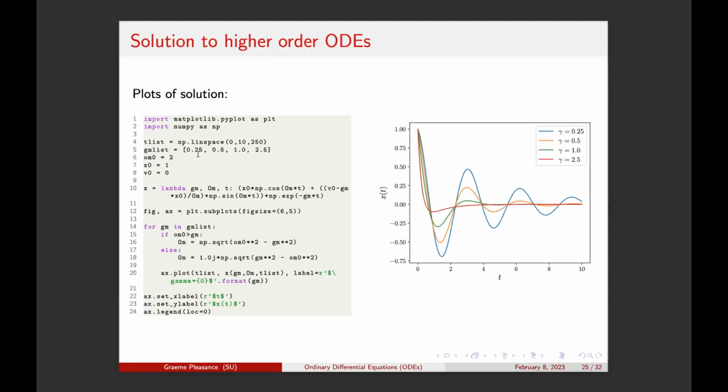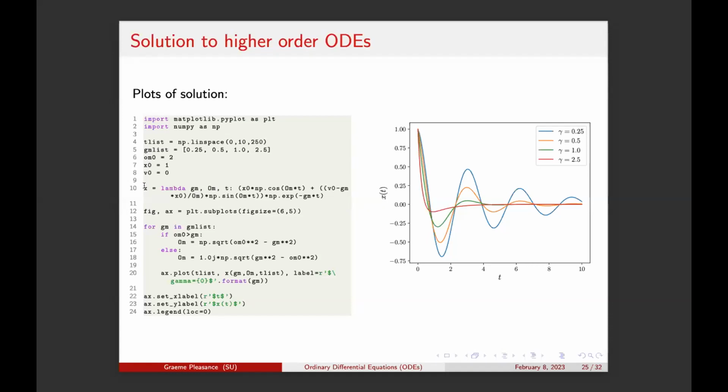I also then introduce a list of values of this damping coefficient gamma that I want to plot. And then for this example, I've chosen the natural frequency of the oscillator, in units of 2 pi, to be 2, its initial position to be 1, and its initial velocity to be 0.